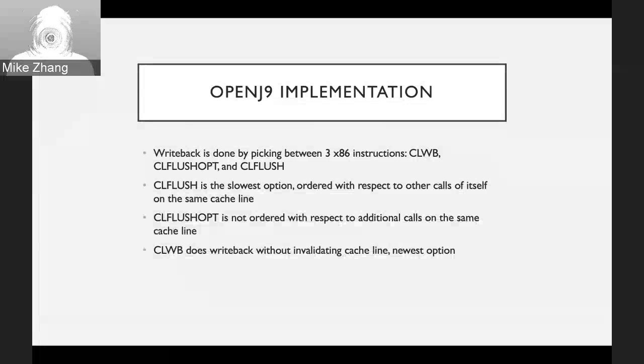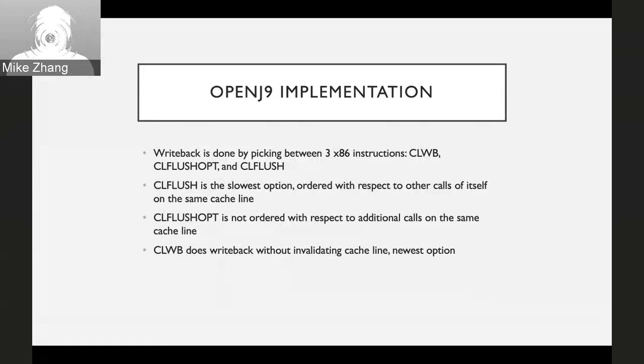The three options are CLWB, which is cache line write back, CLFLUSHOPT, which is cache line flush optimized, and CLFLUSH. CLFLUSH is the slowest option, but is supported on most Intel CPUs. It is ordered with respect to other calls of itself on a cache line, so it can run into slowdowns that way.